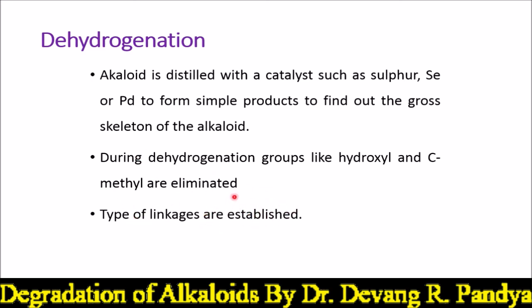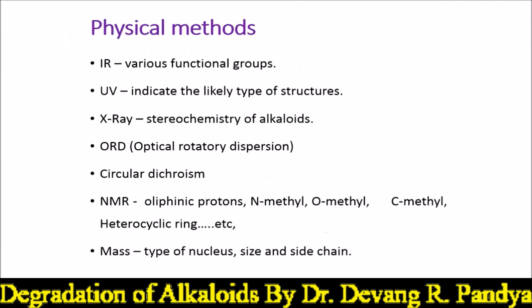Which kind of linkage is there in the complex structure? When we learn the synthesis of alkaloid, we will learn retrosynthetic analysis, where we will break the complex structure of alkaloid into simpler fragments, and then by studying the synthesis in a forward way, we're going to establish those two fragments, and then we will try to establish the linkage of those two fragments to form a total synthesis of the alkaloid. There this process can be very helpful.